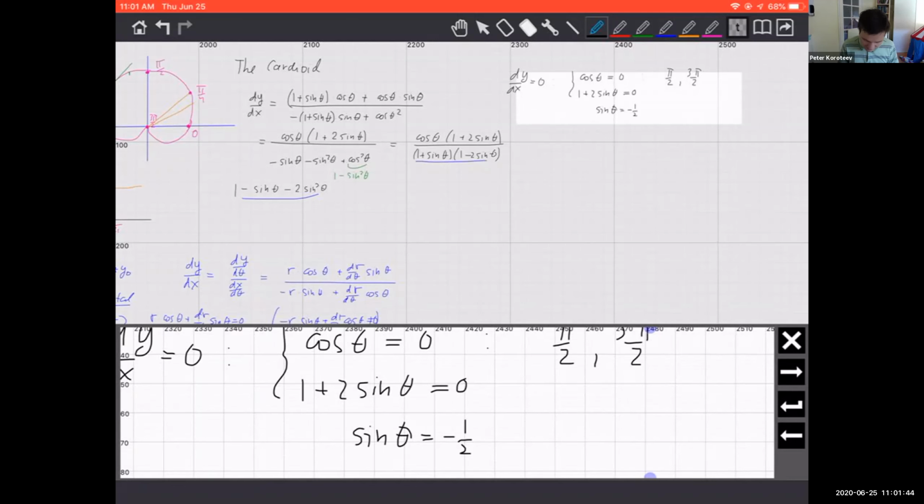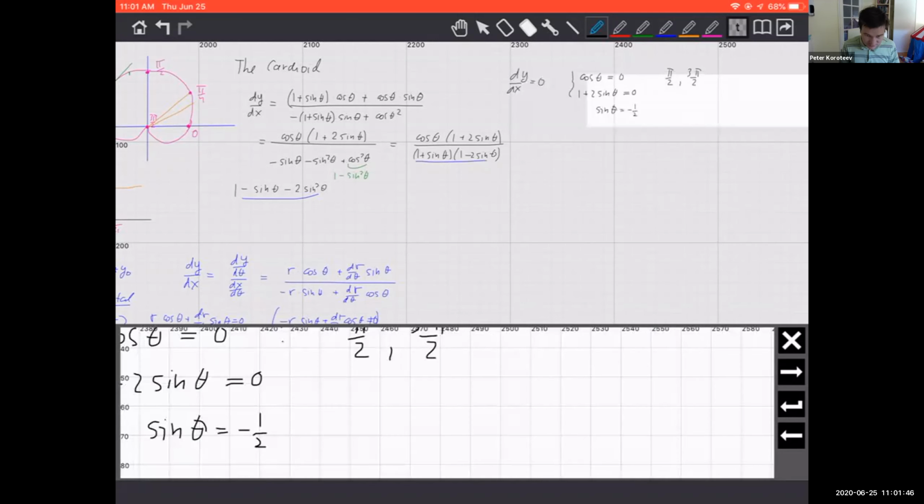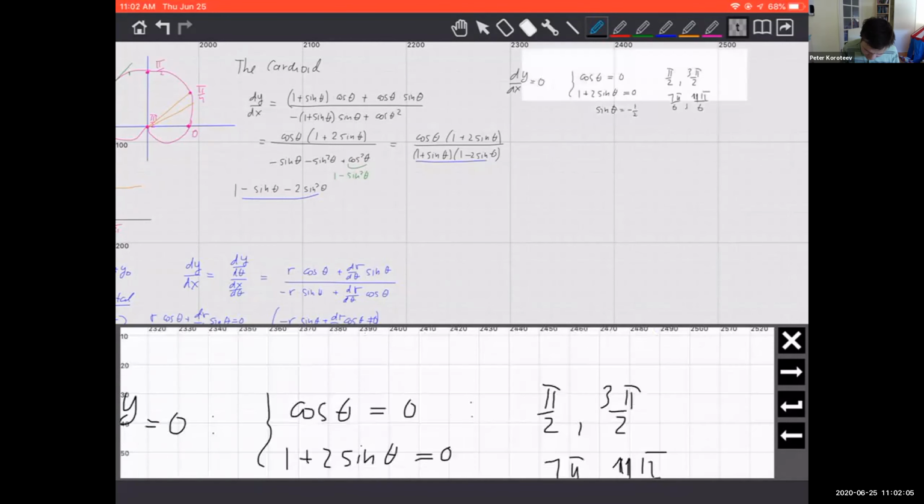In terms of pi, that will be 7 pi over 6, which is 210 degrees, and 11 pi over 6. So that's where the numerator vanishes.